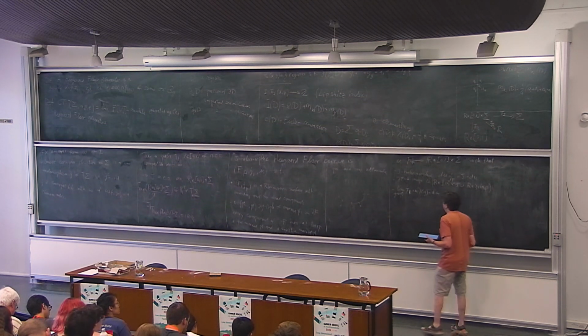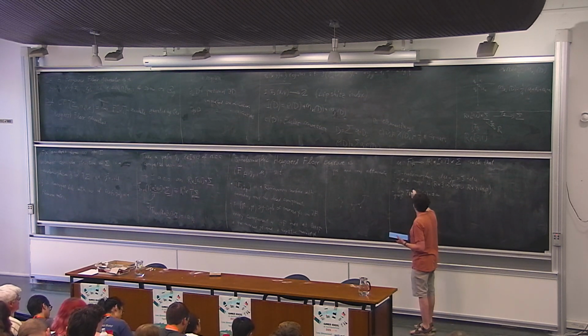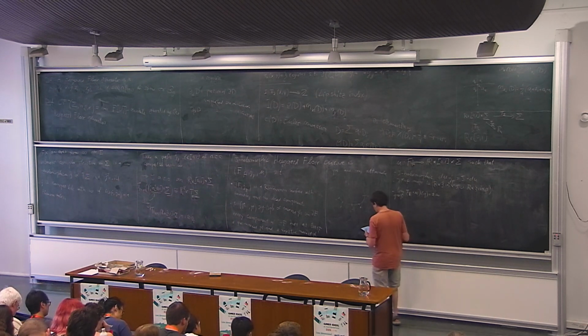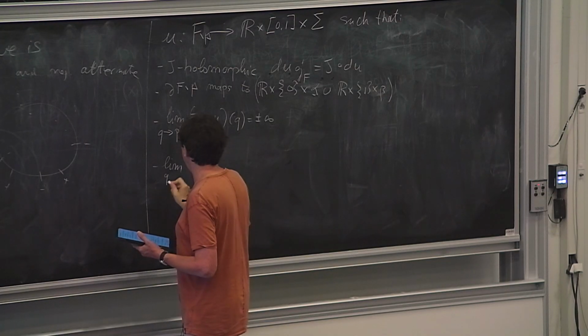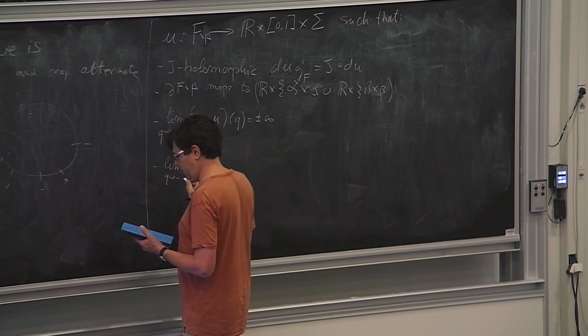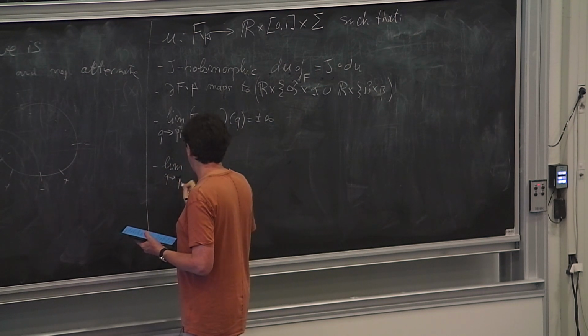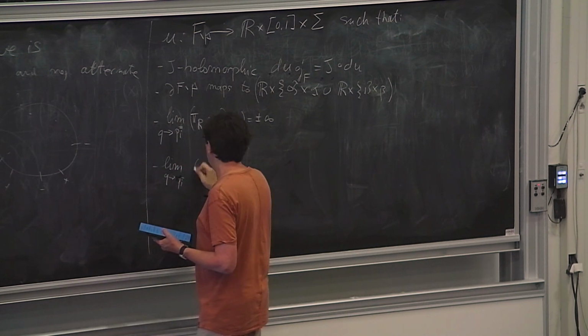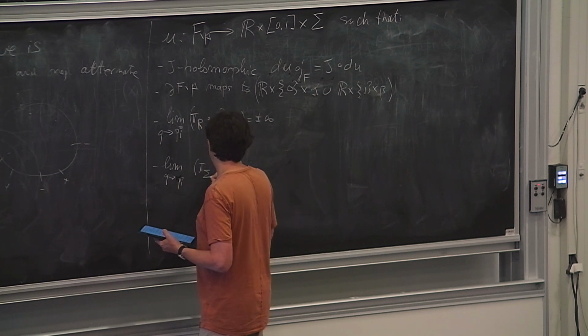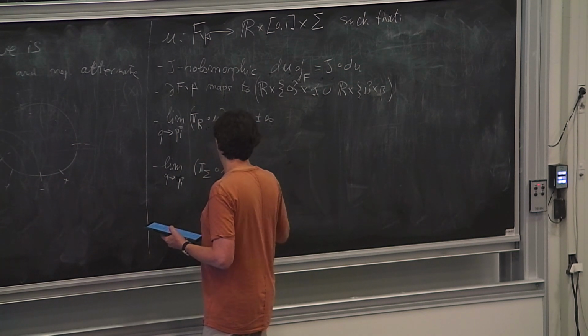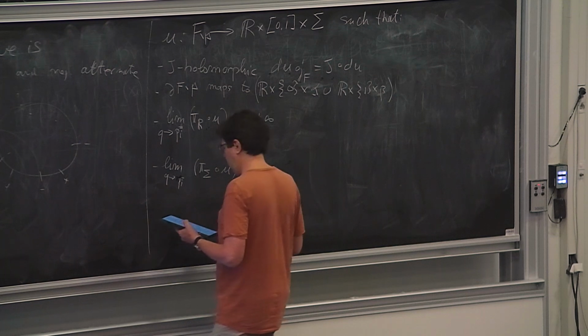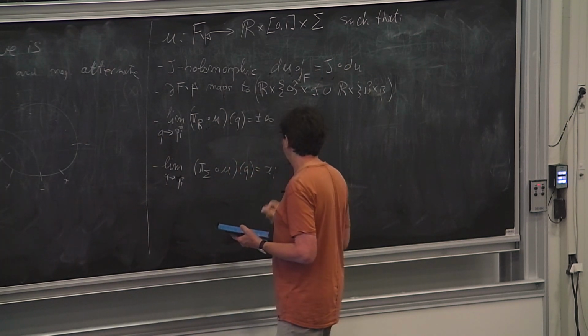So here, P_R composed with u is the R component of u. The other condition is that the limit as q goes to p_i minus of P_Sigma composed with u of q is equal to x_i.